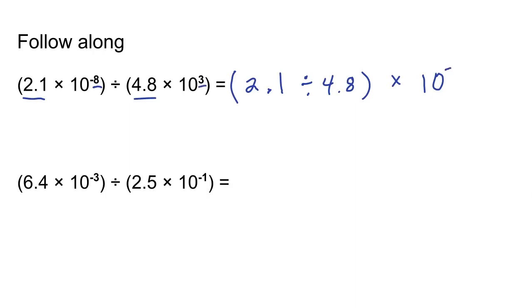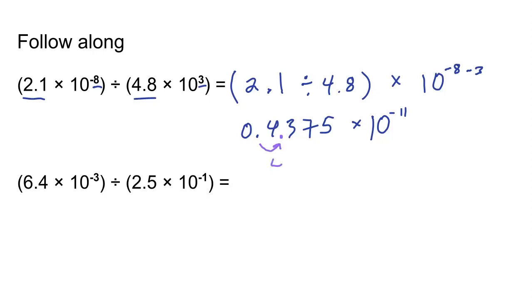So that becomes negative 8 minus 3. And 2.1 divided by 4.8 equals 0.4375 times 10, and negative 8 minus 3 equals negative 11. But here the coefficient is less than 1, so I need to move the decimal point one place to the right.